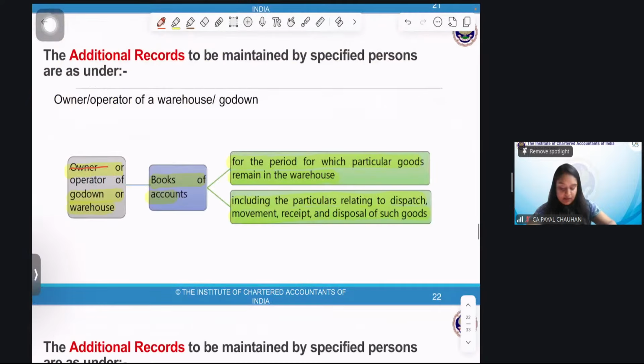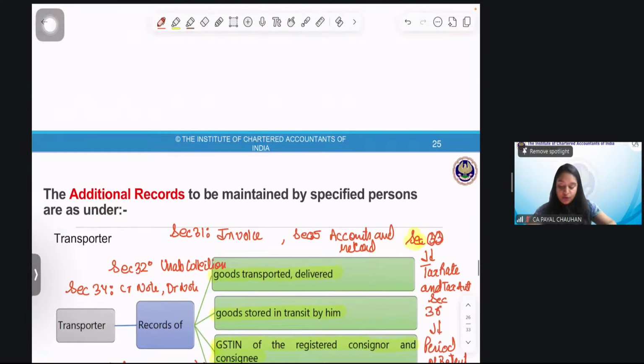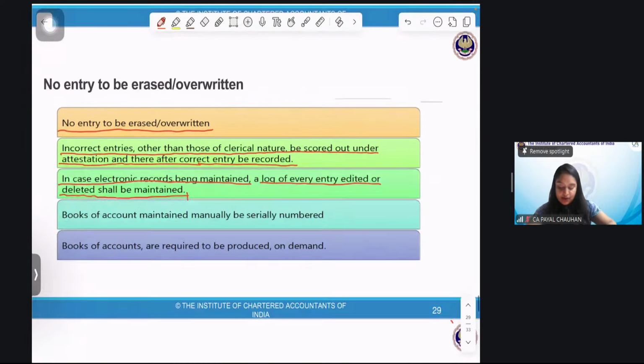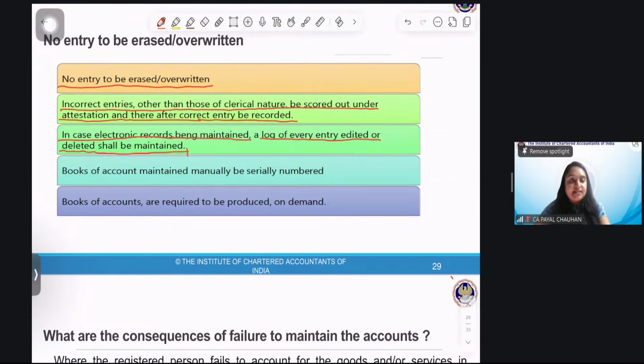Now we'll go forward, and we were doing electronic. Next we'll do. If we are maintaining the accounts, there is an instruction: no entry should be erased or overwritten. Incorrect entries, other than those of clerical nature, be scored out under attestation, and thereafter the correct entry may be recorded.